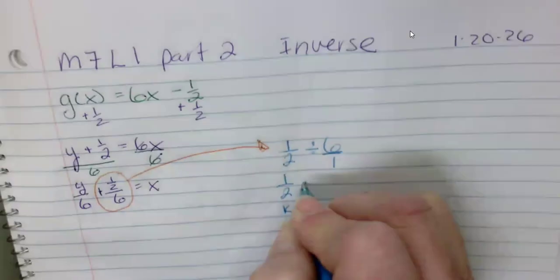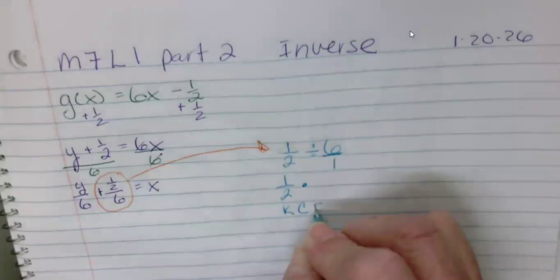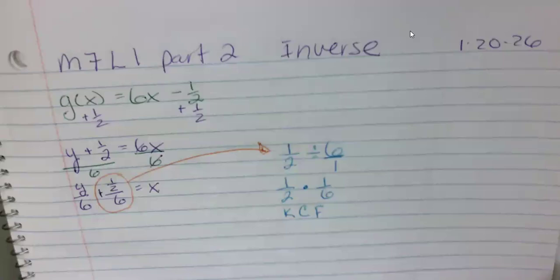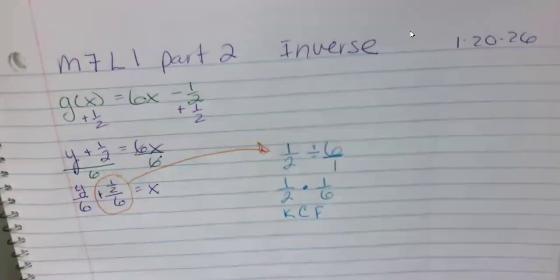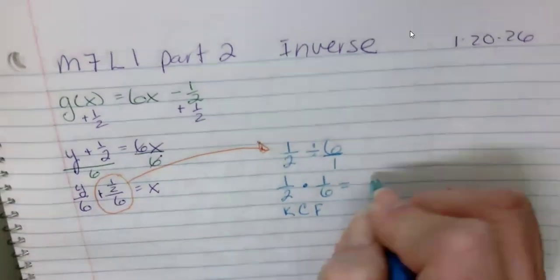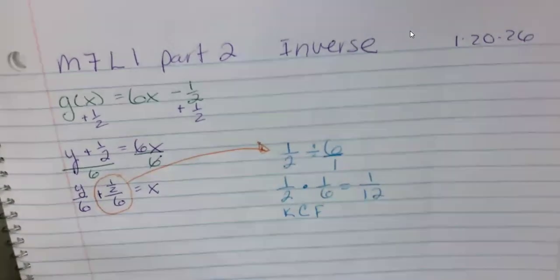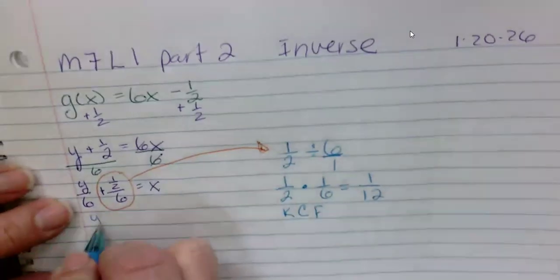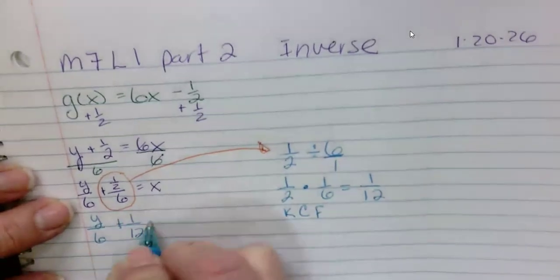I change the division to multiplication, and then I flip the 6 over 1 to be 1 over 6. Check and see if you can reduce. We cannot reduce. We've only got 1s on the top. They don't reduce. So then I just multiply across. 1 times 1 is 1. 2 times 6 is 12. And then I'm going to rewrite my problem. So now I've got y over 6 plus 1 over 12 equals x.